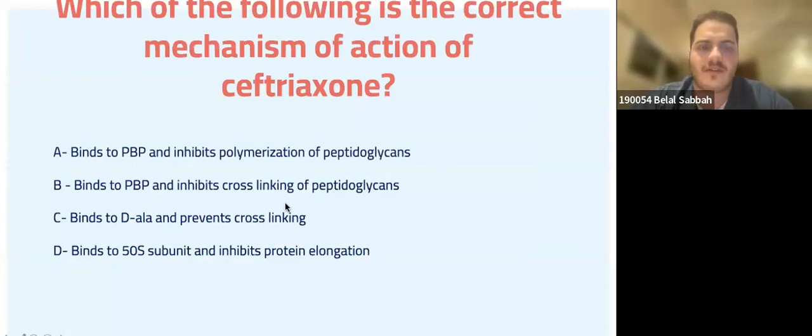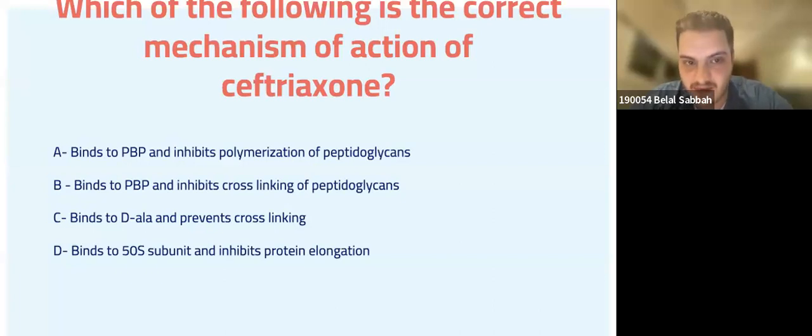Okay. Which of the following is the correct mechanism of action for ceftriaxone? B, right. All right. Just quickly, what is A? What drug are we talking about for A? Vanco would be C. Okay, actually, I see what you guys mean by you're thinking it's A. So C is more of vancomycin.